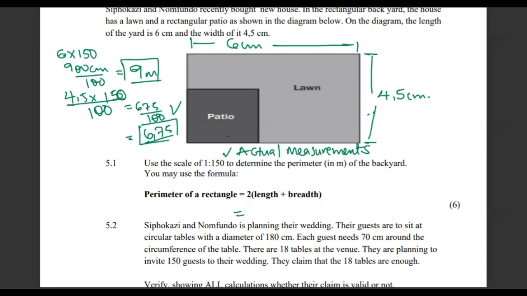So we come here and say 2 into the length plus width, so here the answer is 31.5 meters.